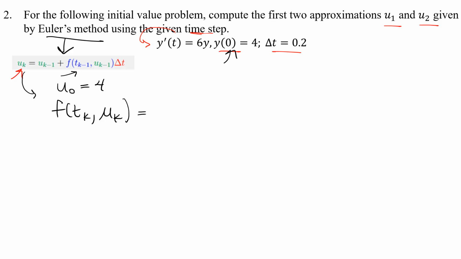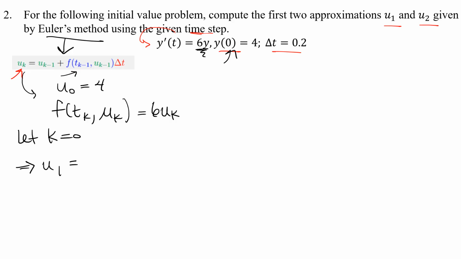Well, that's simply equal to, just taking our function here, 6u sub k. What we're going to do is let k be 0, starting at the initial point. So let's see if we can find our u sub 1.